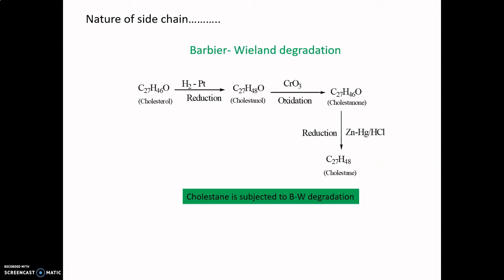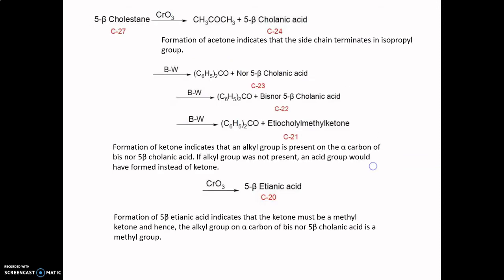Let us see step by step how this is done. The 5-beta cholestane, the C27H48 compound which we have got after reduction, is then oxidized to get acetone and 5-beta cholanic acid.